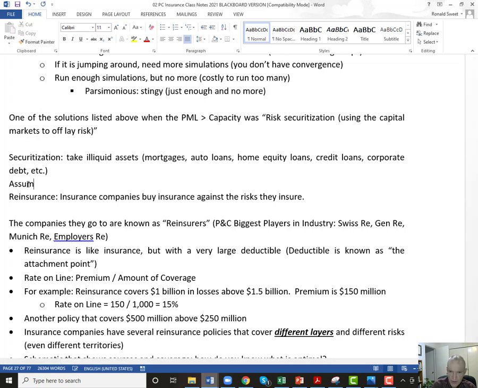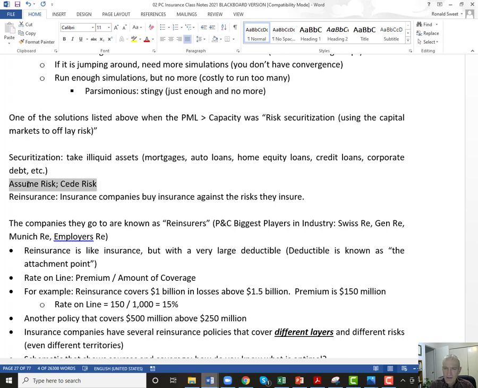You can assume risk or you can cede risk. If you assume risk, you're the reinsurer for the other company. If you cede risk, you're buying insurance from an insurance company. So assuming risk, you become the reinsurance company. If you cede risk, you're going to a reinsurer to give them risks.